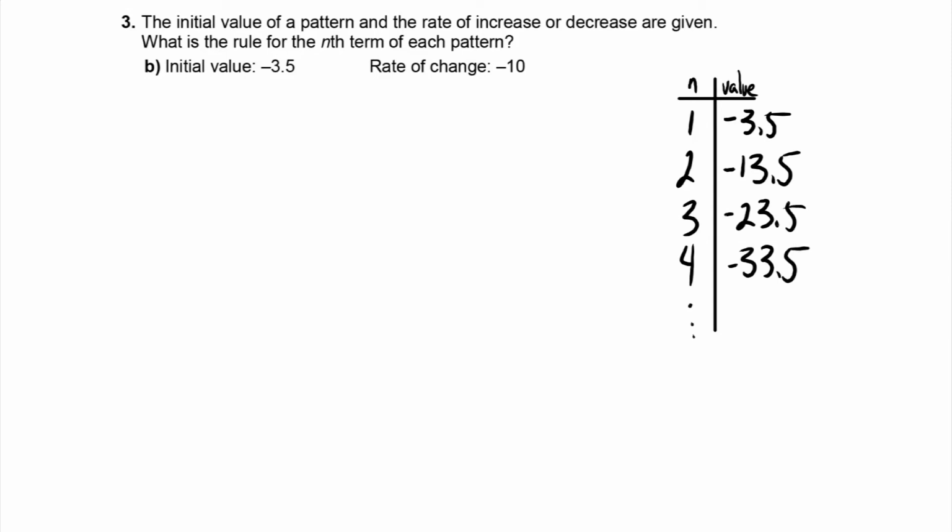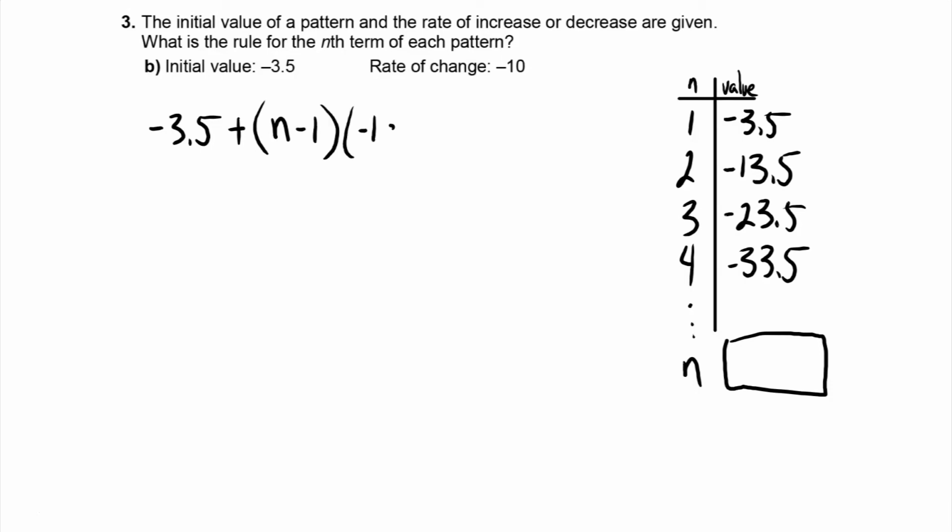And we want to know what's the expression for the nth value. So we start with our initial value of negative 3.5, then we're going to add to it whatever the rate of change is, which in this case is n minus 1 times negative 10. So that's negative 3.5 plus, I'm going to leave in some brackets here, negative 10 times n is negative 10n, and negative 10 times negative 1 is positive 10.